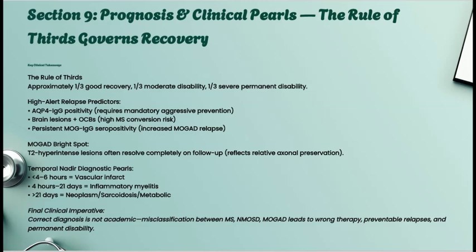A structured approach based on syndrome recognition, MRI pattern analysis, CSF interpretation, antibody testing, and early treatment allows more accurate diagnosis and better outcomes. For postgraduate examinations and real clinical practice alike, the key is disciplined pattern recognition rather than memorizing isolated facts. Thank you for joining this clinical review.